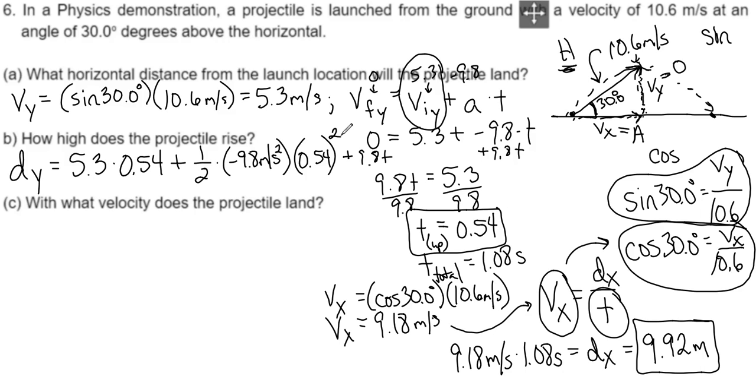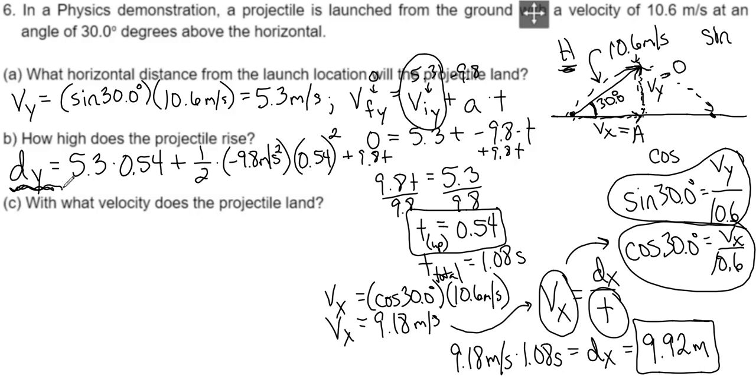So we have dy equals 5.3 times 0.54 plus the quantity 1/2 times -9.8 meters per second squared times 0.54 squared. I'm going to let you figure that out, since now it's just straight computation.